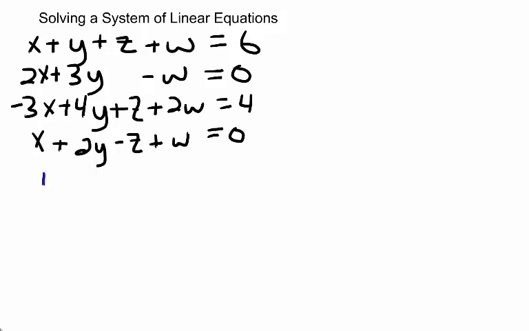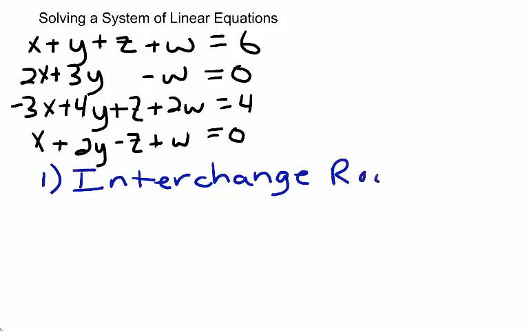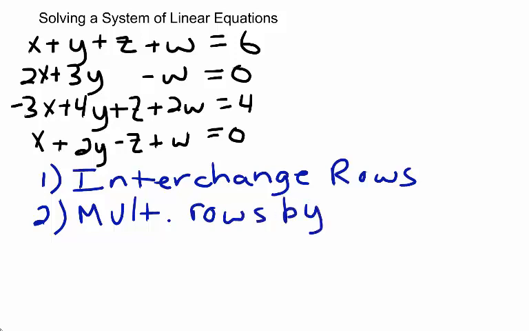Allowable row operations are as follows. We can interchange rows, we can multiply rows by non-zero constants.